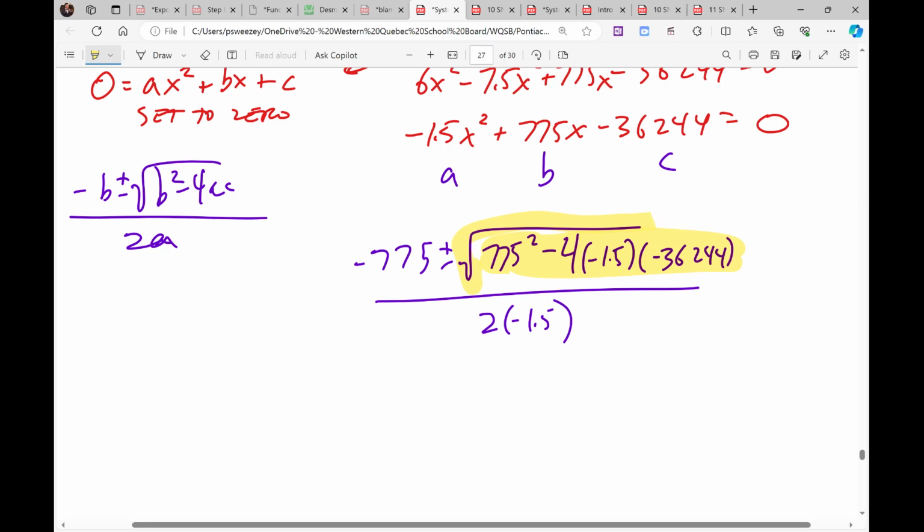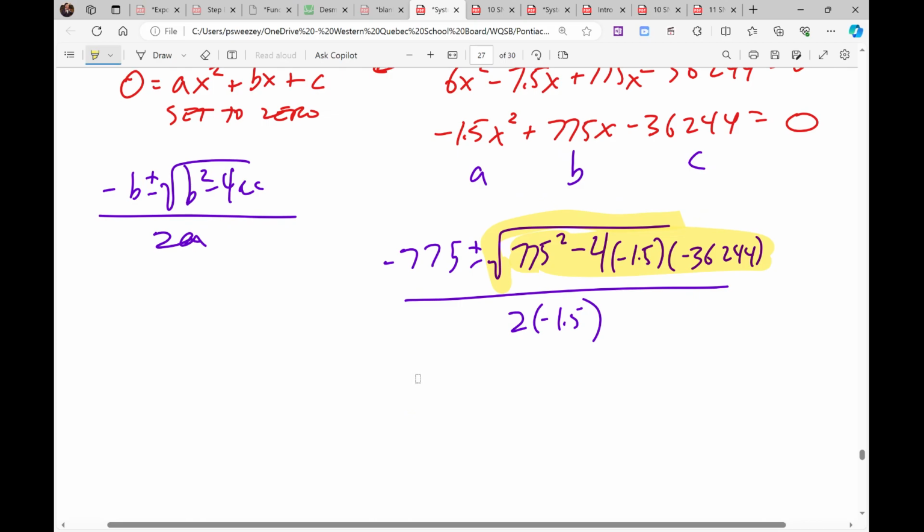So square root of, multiple brackets here, 775 to the power of 2, close bracket, subtract, open bracket, 4 times negative 1.5 times negative 36,244, close bracket, equal to, and it gives me something like 619, something pretty like that.